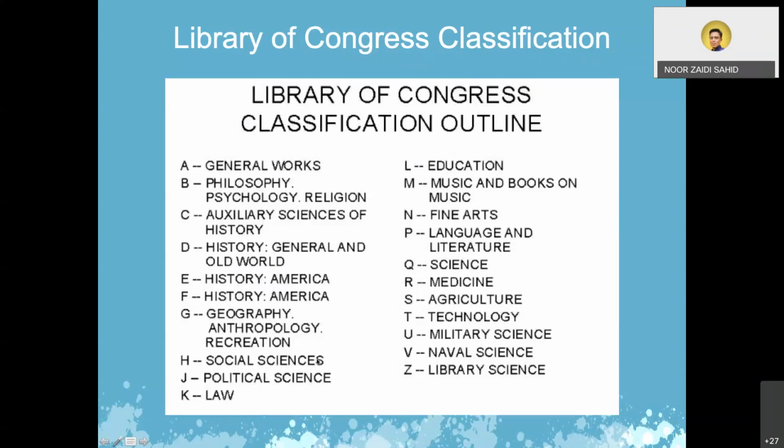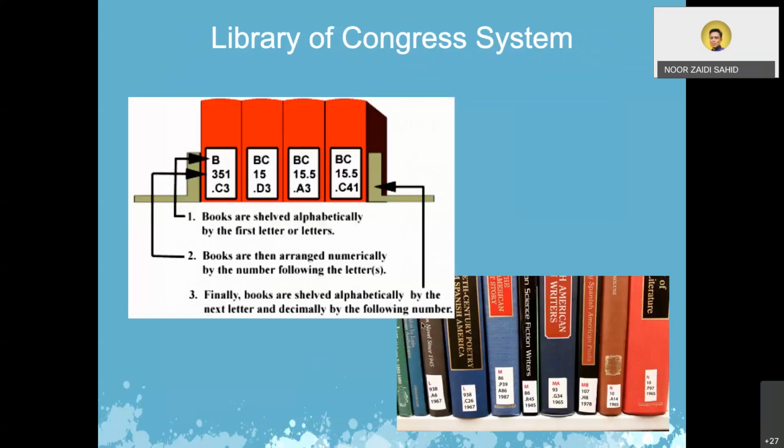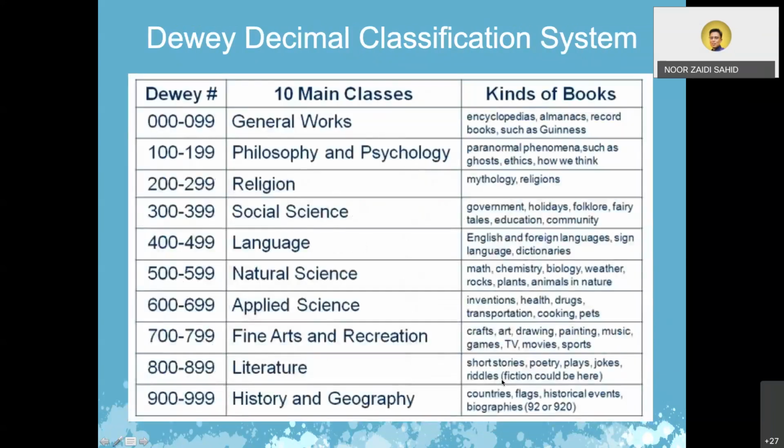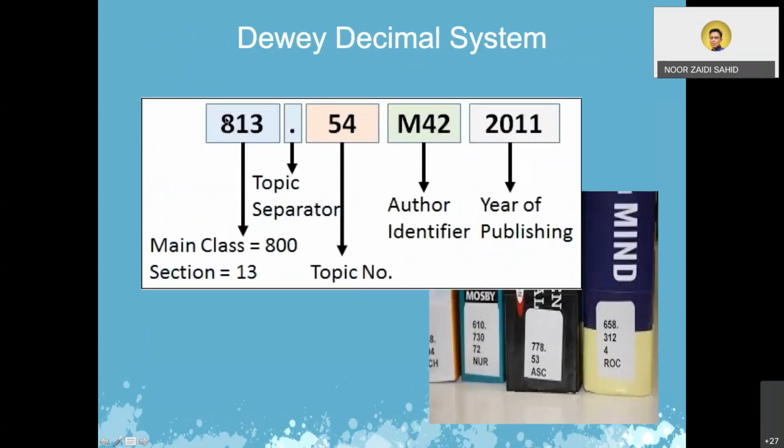Cuma tadi saya ada nyatakan di sini dia ada nombor-nombor ni. Jadi nombor-nombor ni lah yang menentukan bidang dia. Kalau kita tengok dalam konteks ini, contohnya main class 800, but 13 in this class refer to the sub topic. Subtopiknya apa, you kena identify. 13 ni dia represent meaning.